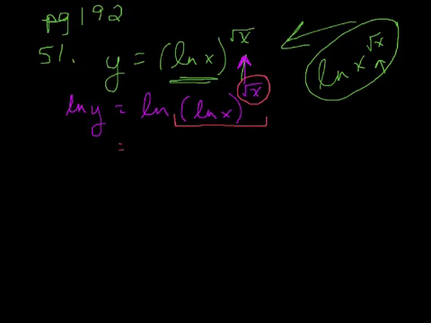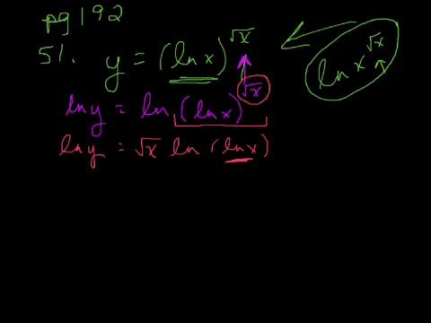So we get the square root of x times the natural log of the natural log of x. This thing right here is kind of like your angle, if you think of it in trig terms, not that it is. So it's the natural log of the natural log of x. That's what we have on that side. We still just have the natural log of y on the left side.